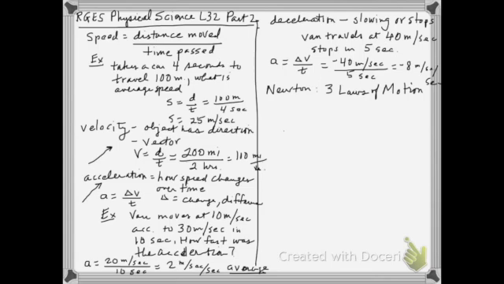So his first law, law number 1, he talks about an object will stay in motion or it'll stay at rest, whatever it's doing. If it's sitting on the table, it's at rest. If it's flying through the air, it's in motion. But it says that an object will stay in motion or stay at rest unless it's acted on by an outside force. So let's write that down here.